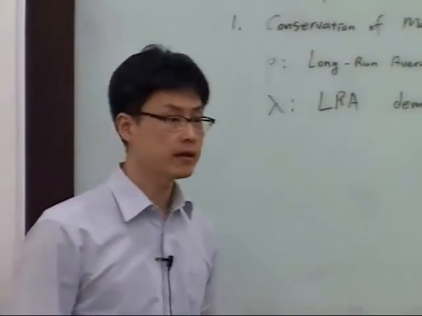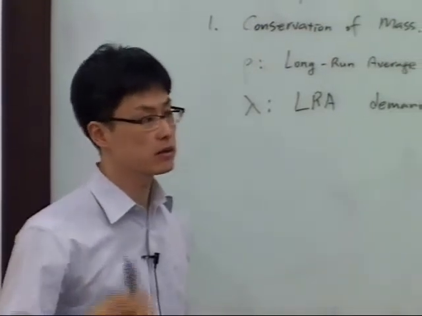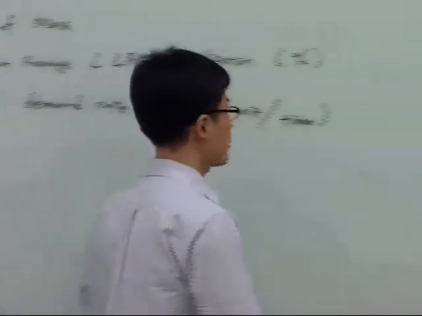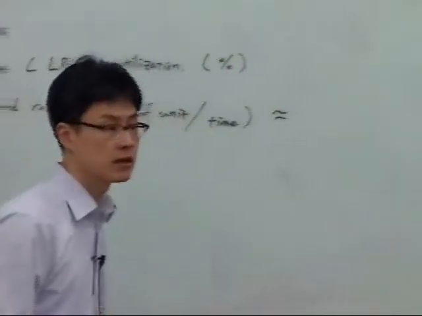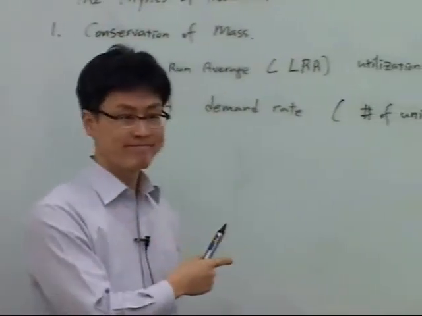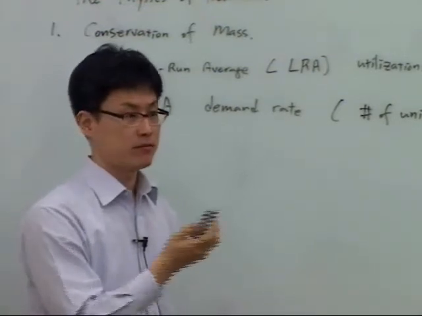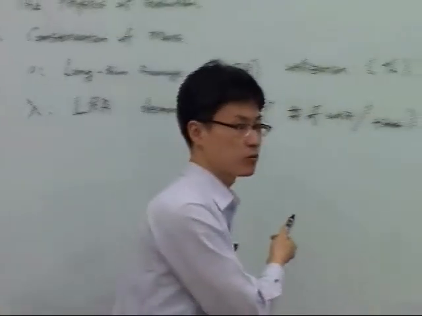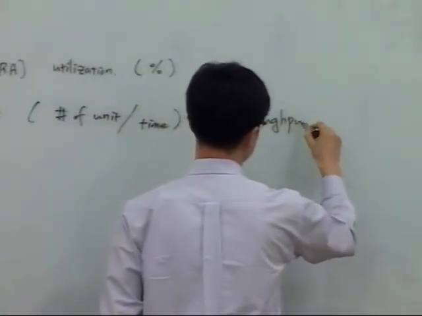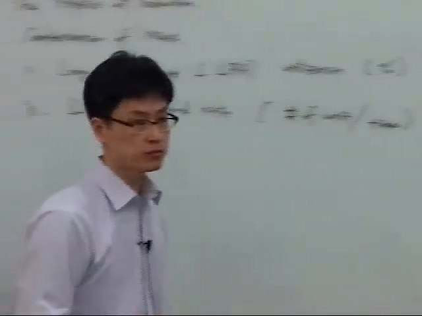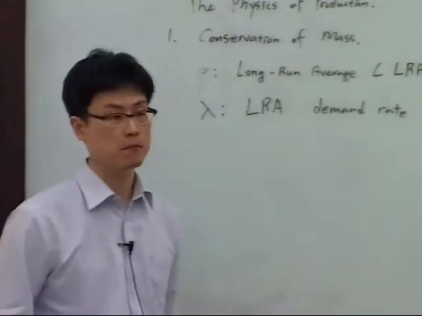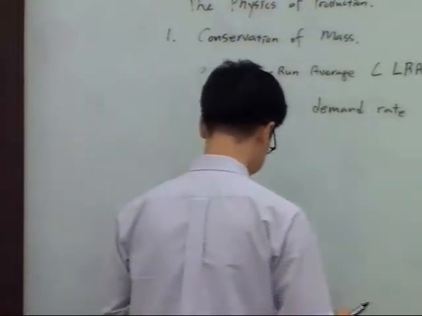Time could be a day, a week, hour, month, some given unit time, and somebody calls this one, in one word, throughput. Okay, the volume of product, number of units flowing in your production system.